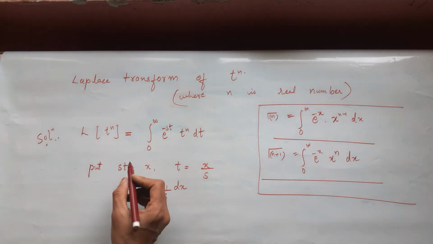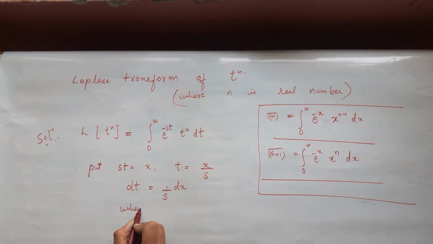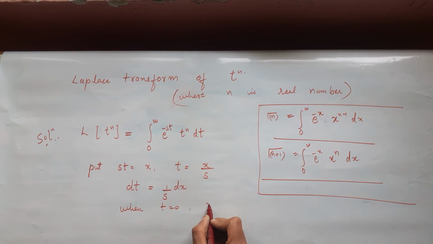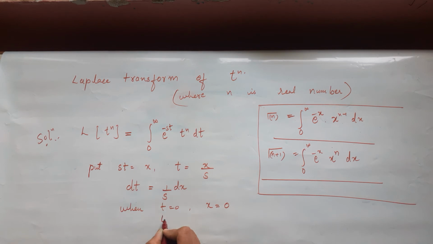Now let us see what happens to the limits. When t is equal to 0, x is equal to s into t, so x becomes 0. Similarly, when t is infinity, x is also infinity. So using all these definitions, let us substitute back in the Laplace transform of t raised to n.